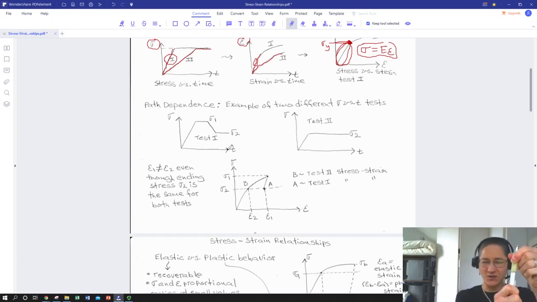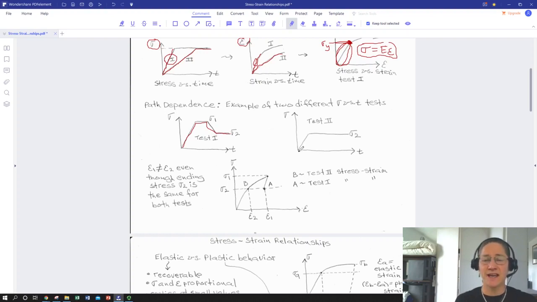I'm applying stress, more stress. I'm pulling on my pencil as if it's a tensile specimen. So I pull and I apply more and more stress, and then I leave it at that stress for some time, and then I decrease the stress to a lower level, and I leave it. And just leave it there.